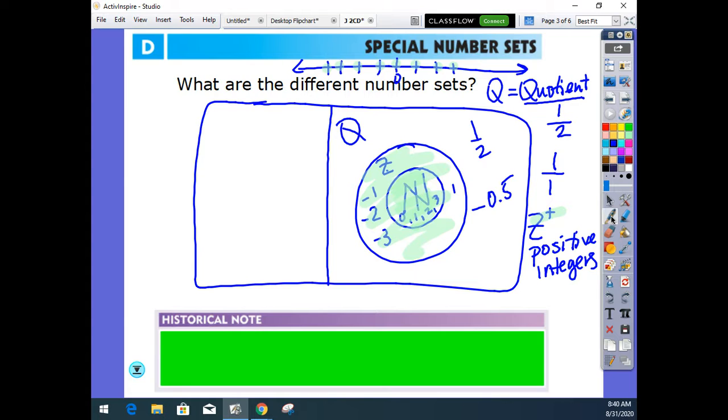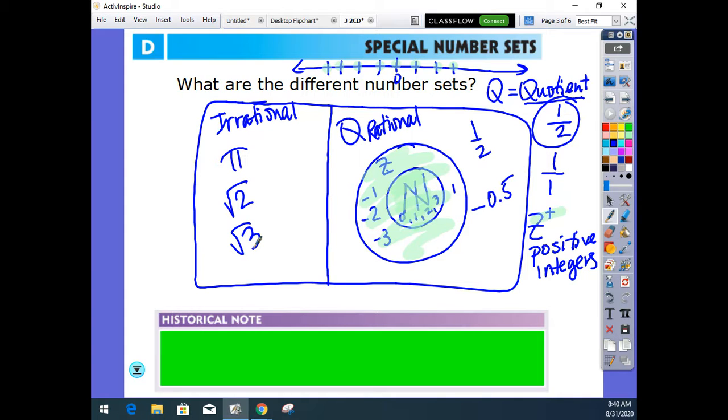Now, we're still missing a few numbers that cannot be written as a quotient. If these are rational numbers, what do we have next? The irrational numbers. So what numbers are irrational? Pi, 3.14, and so on. Square root of 2, square root of 3.